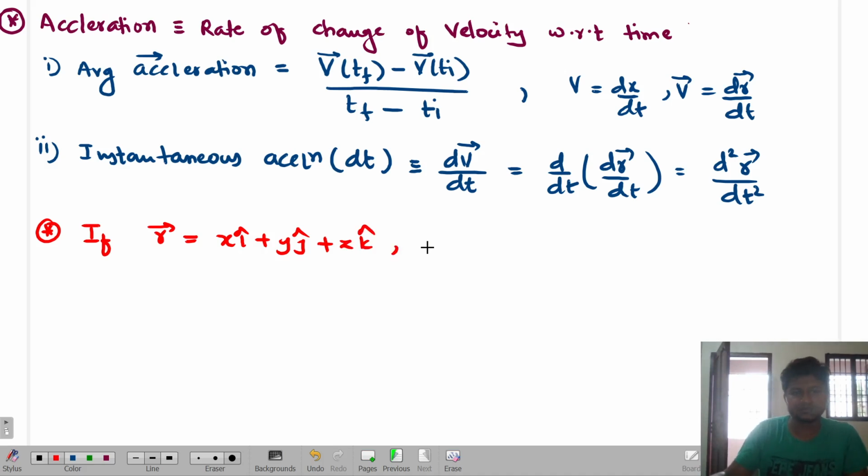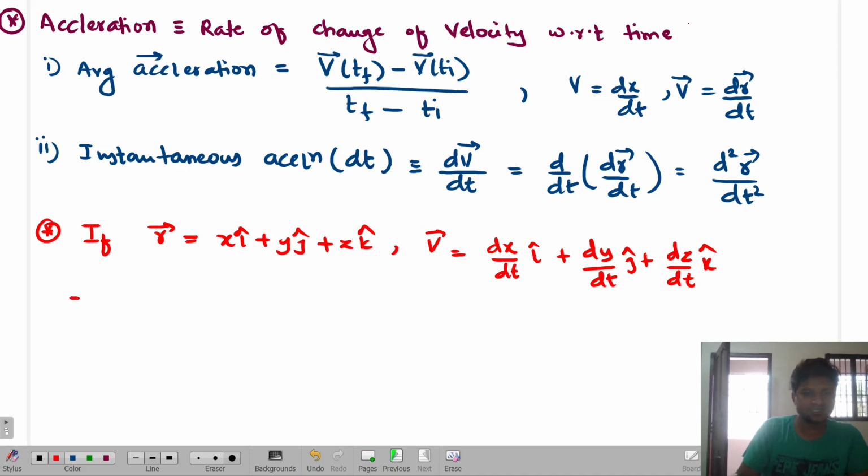Then velocity vector is simply dx by dt; you have to consider each component of velocity along each direction. And the last part is acceleration.